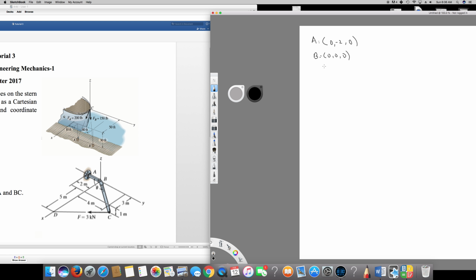And C is 3 meters along the x-axis, so it's going to be 3 in x, and 4 meters along y, so it's 4 in y, and it's 1 meter down, so it's going to be negative 1. So these are my C coordinates.